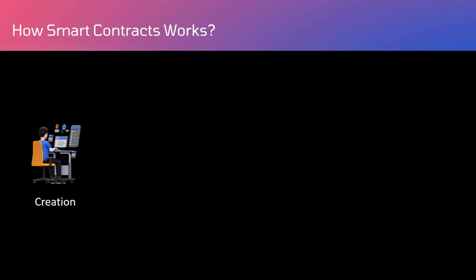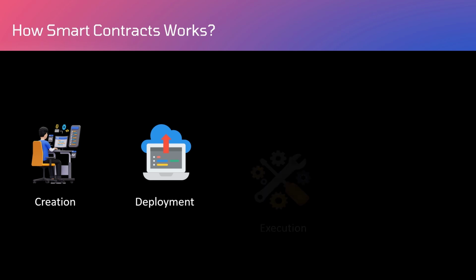Creation. A developer writes the smart contract using a programming language, for example Solidity on Ethereum. The contract contains the logic that defines what should happen when certain events occur. Deployment. Once the contract code is complete, it is deployed to the blockchain. The contract is now part of the blockchain's immutable ledger, ensuring that it cannot be changed. Execution.